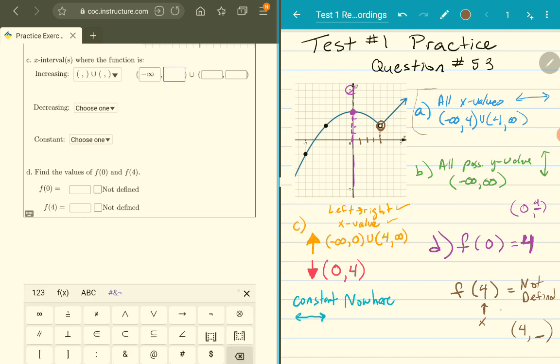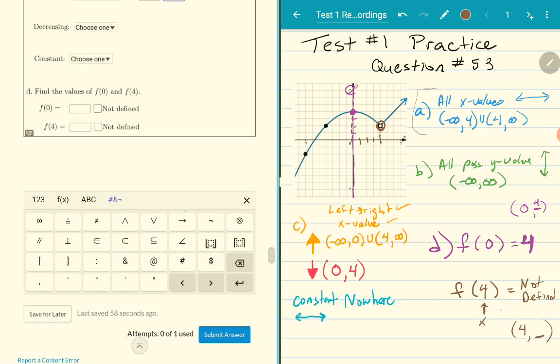I'm putting that orange increasing domains now.